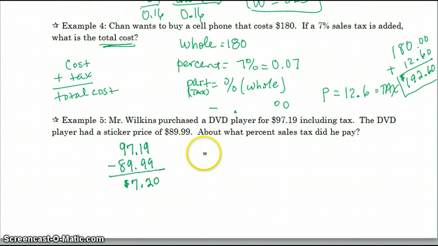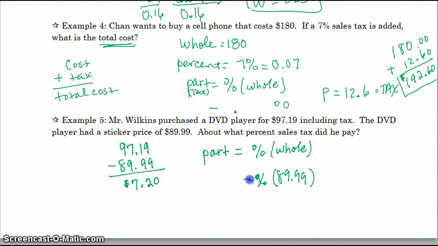So the part that is tax is 7.20. Part equals percent times whole, and I don't take the percent of the 97.19. I've got to figure out the percent of the $89.99. That was the whole cost, and the part was $7.20, the part we had to add to the $89.99.